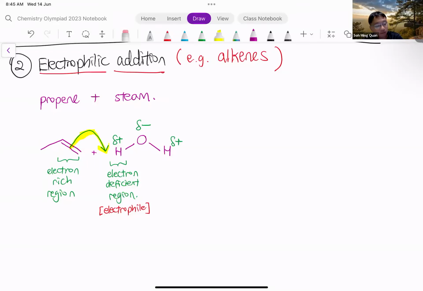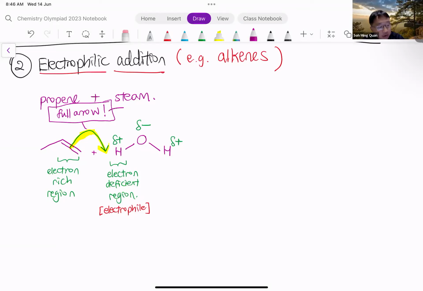Now you notice this arrow is a full arrow. Just now we had drawn half arrows. If it's a full arrow, it means that electrons are lost and gained. You do not have even splitting of the electrons anymore.